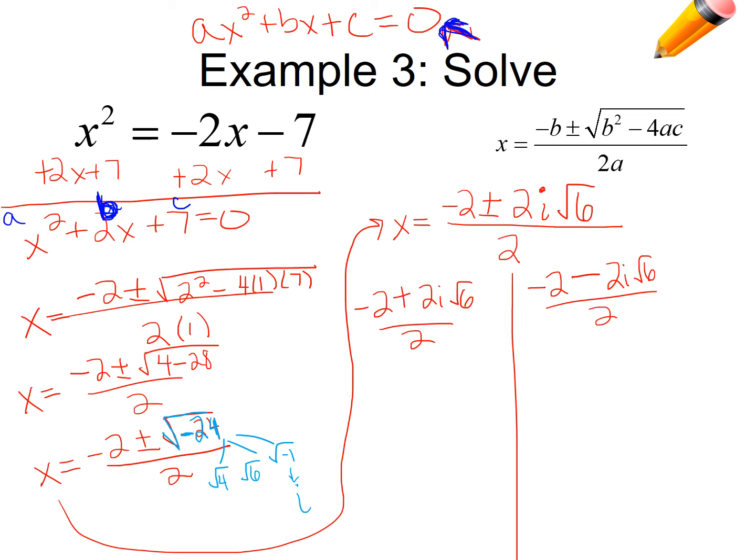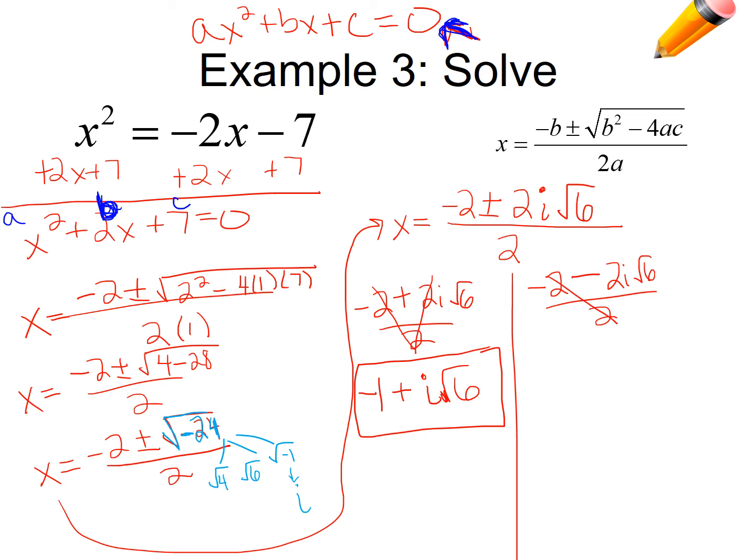Okay, and so just like on example 2 from these slides, we can just divide negative 2 divided by 2. Those are going to cancel to a negative 1. Plus, if we take 2i divided by 2, that's going to leave me with 1i times the square root of 6. So that is one of my solutions. And now the same for the negative version of my answer.